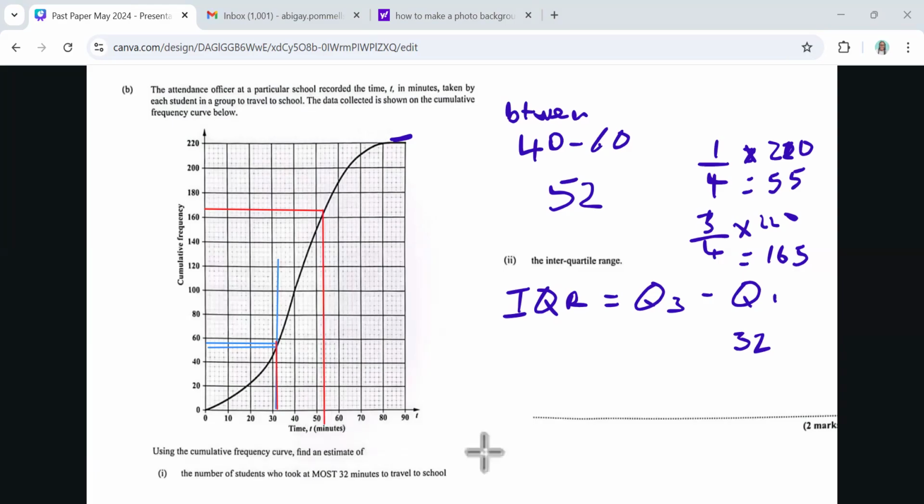Right. And then I can say probably it's around 54. All right, you don't have to be so accurate, but if you're very close and precise, they will give it to you. And so 54 minus 32 is 22.